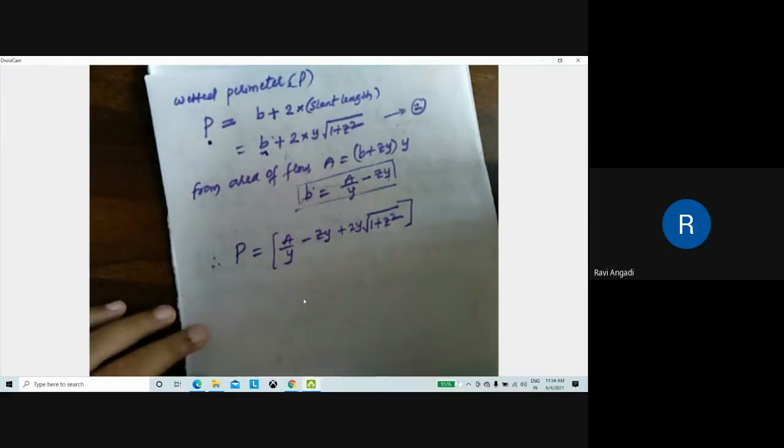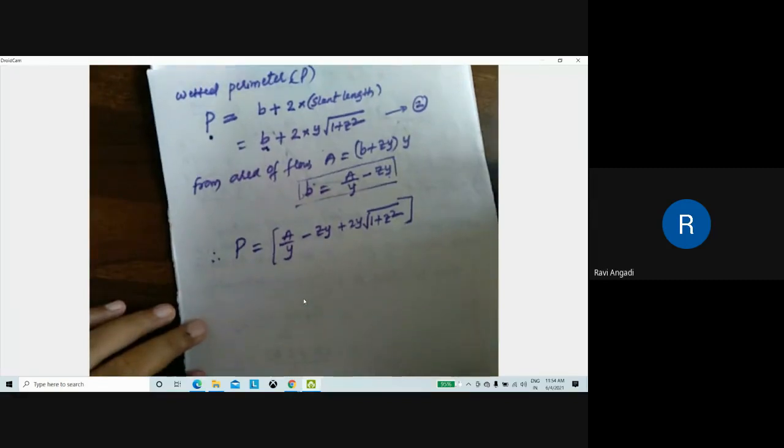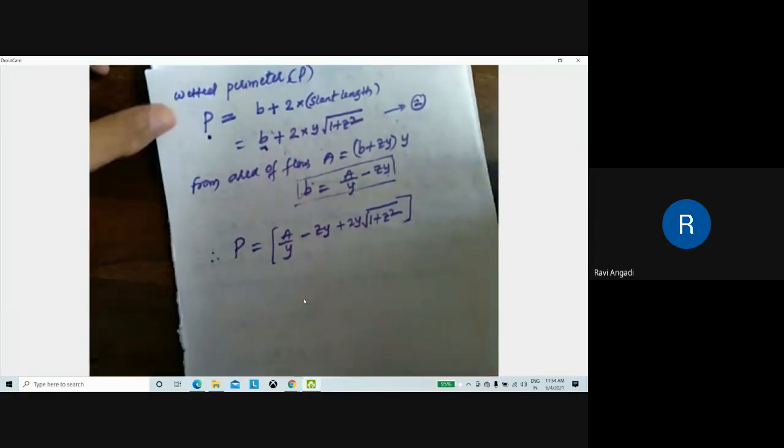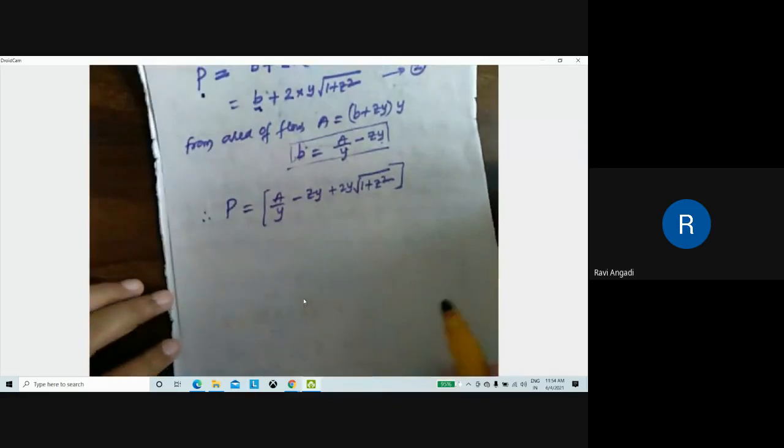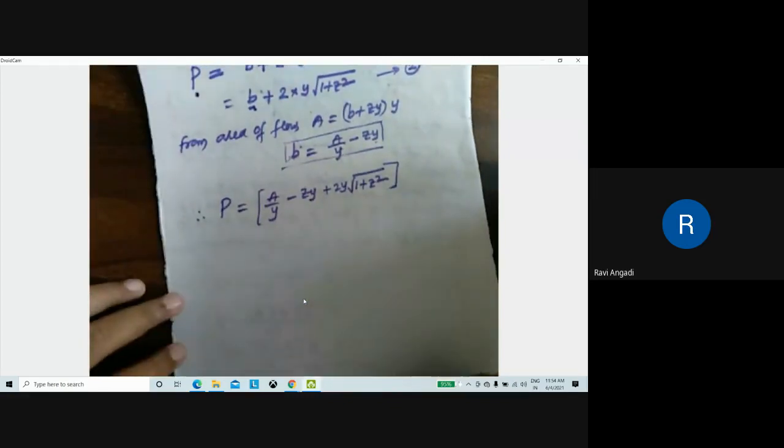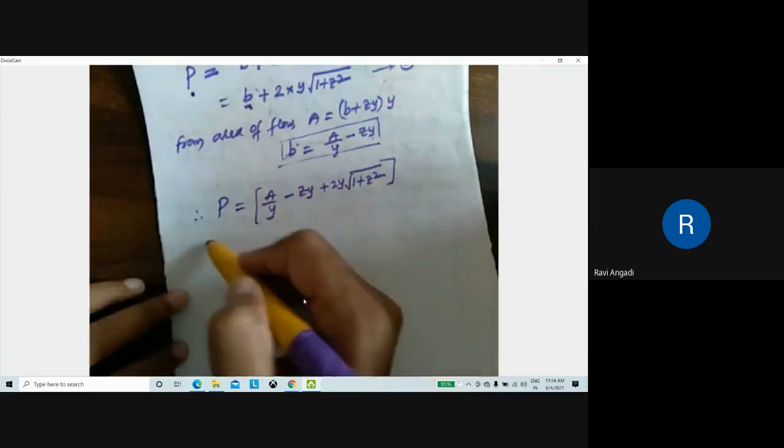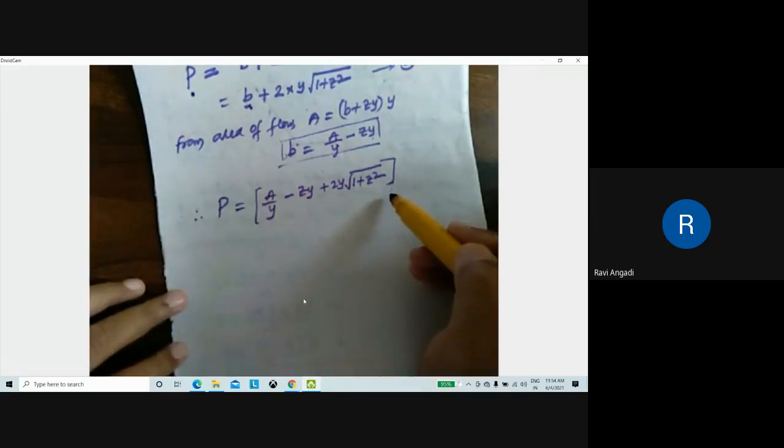Okay. So getting this much till here is very important. Later it is only mathematics, only differentiation. Till here is the engineering part. Later you only have to apply mathematics. I hope you understood all of it till here. How this equation has come.